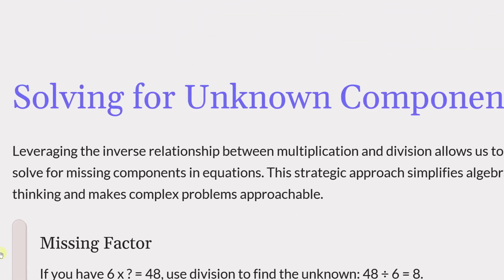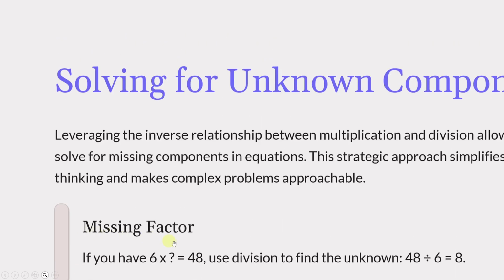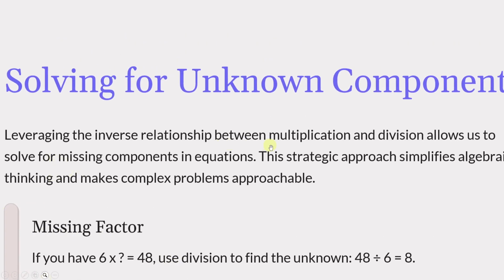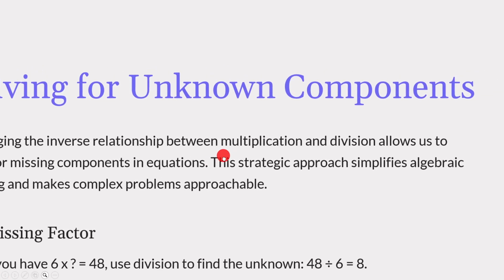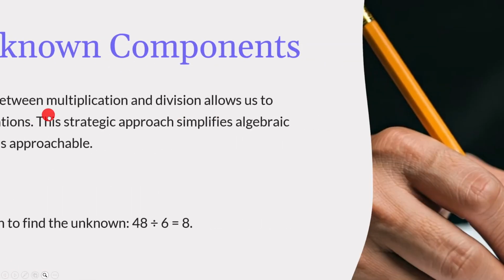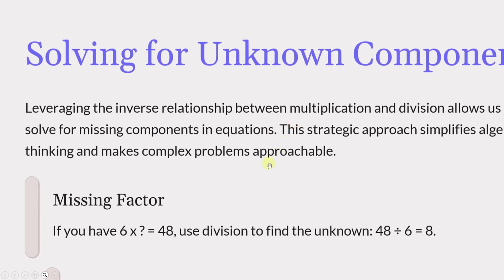Solve for unknown components. Leveraging the inverse relationship between multiplication and division allows us to solve for missing numbers in equations. This approach simplifies algebraic thinking and makes complex problems approachable.